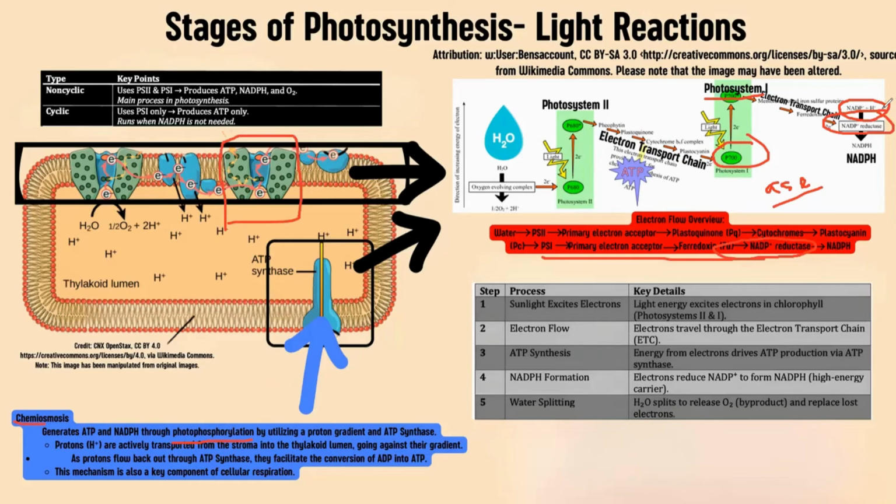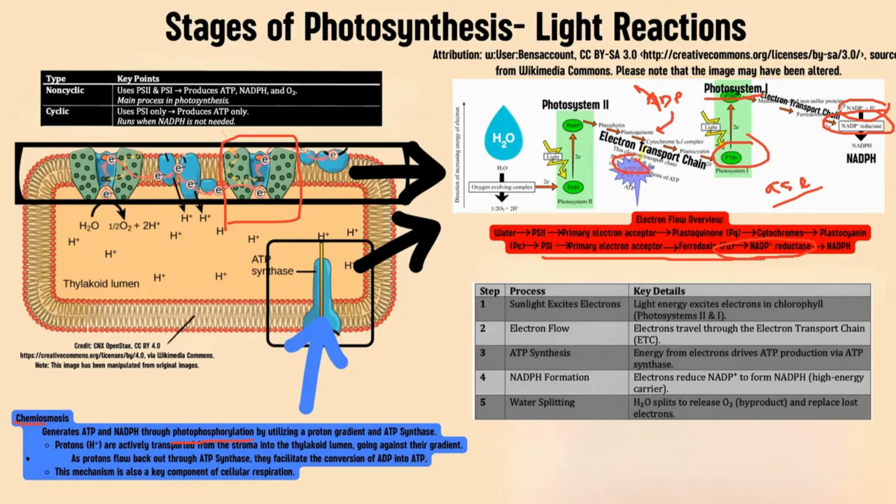Remember, that's coming in. What's happening here is you have, just like production of ATP, which has ADP coming in from that Calvin cycle to help convert to ATP.